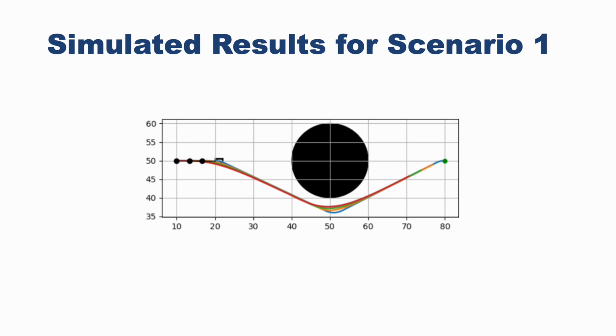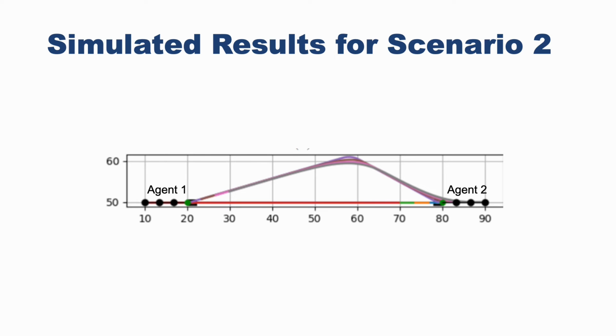And this is the result for scenario 1. The figure shows that agent 1 can successfully generate the trajectory from its initial location to the end location without any collision with the obstacle. And this is the result of scenario 2. We have 2 agents, agent 1 and agent 2.